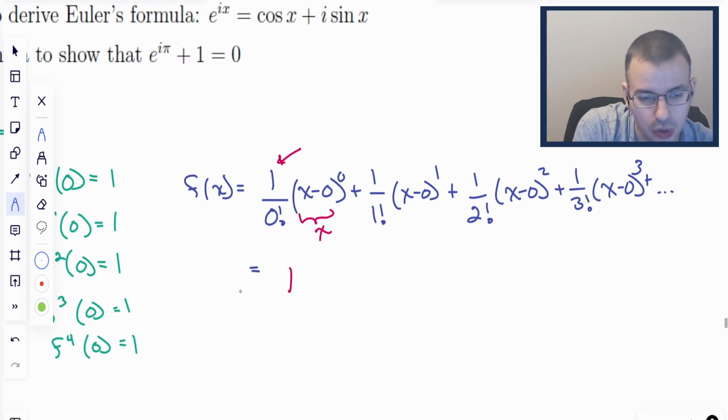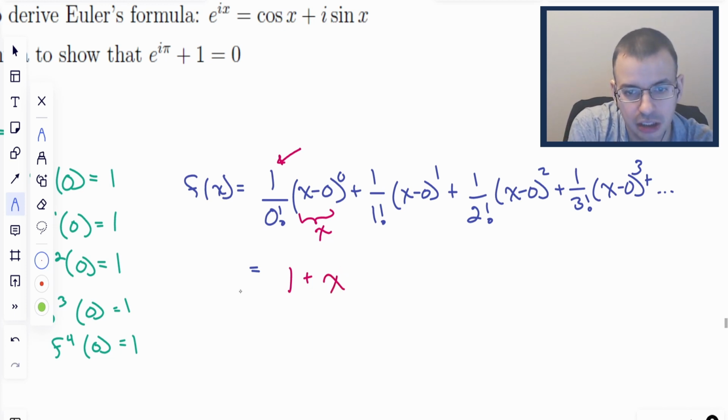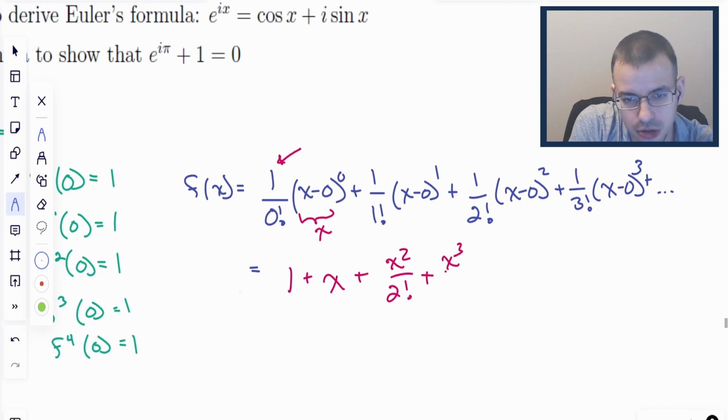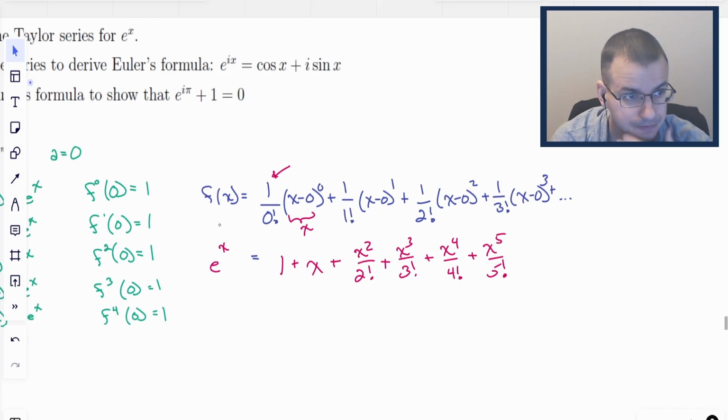So the first term is 1 plus x over 1, which is x, plus x squared over 2 factorial plus x cubed over 3 factorial. I'm going to continue on for a couple more just to make sure we got it: x to the 4th over 4 factorial plus x to the 5th over 5 factorial. And this is our Taylor series for e to the x.